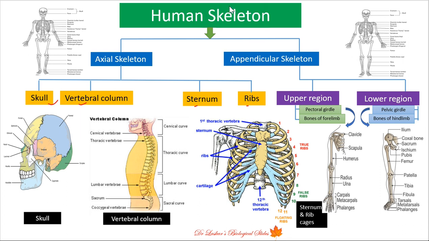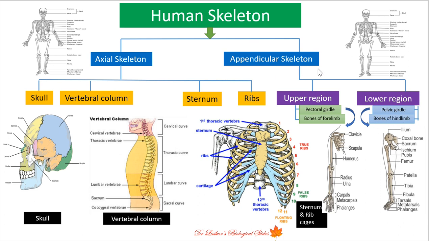Now the second part, or the other division in the human skeleton, is the appendicular skeleton, which has an upper part as well as a lower part. The upper region mainly consists of pectoral girdle and bones of forelimb, and the lower region mainly consists of pelvic girdle and the bones of hind limbs.